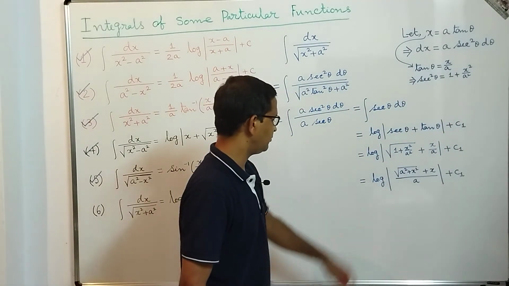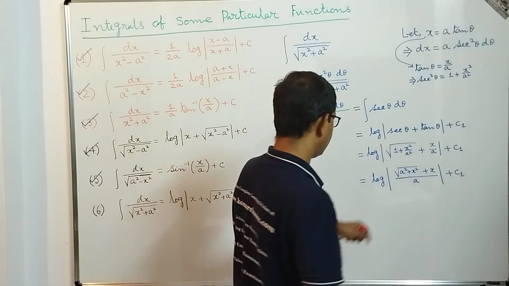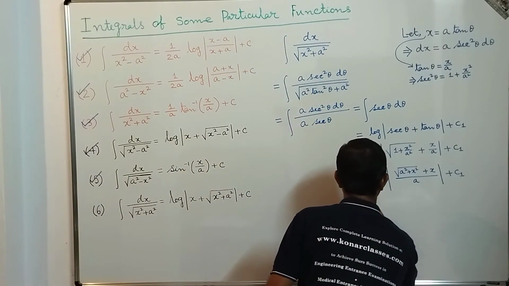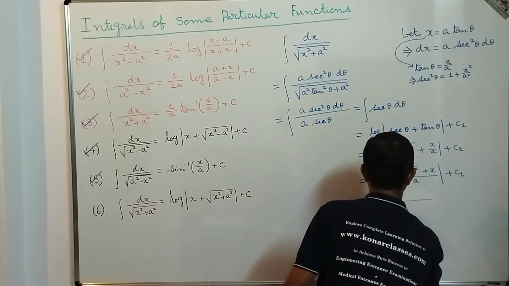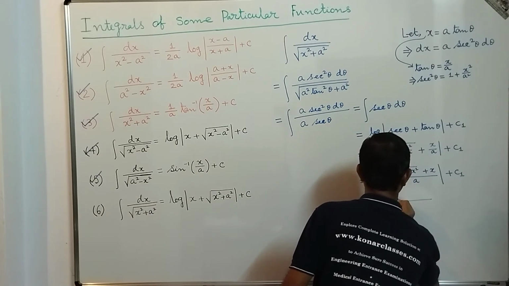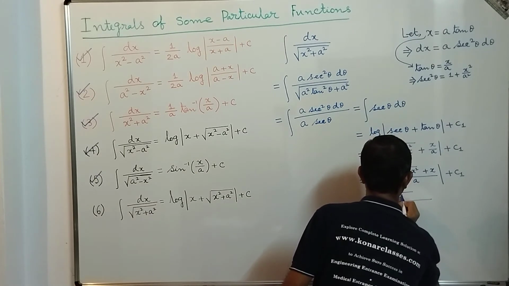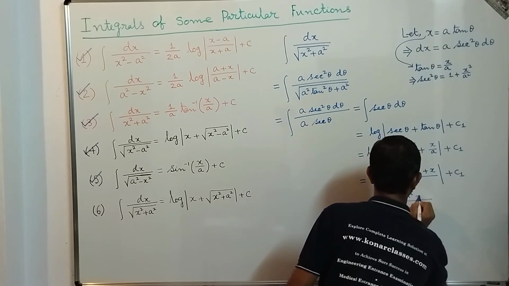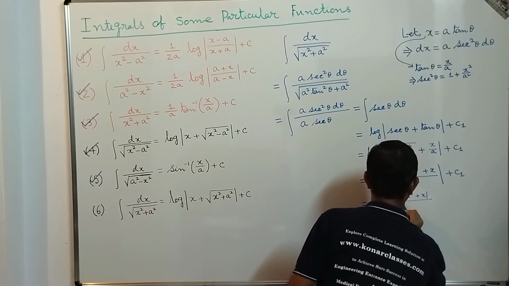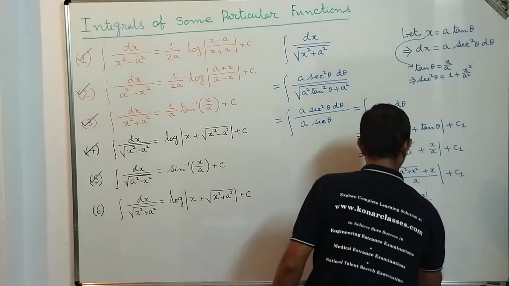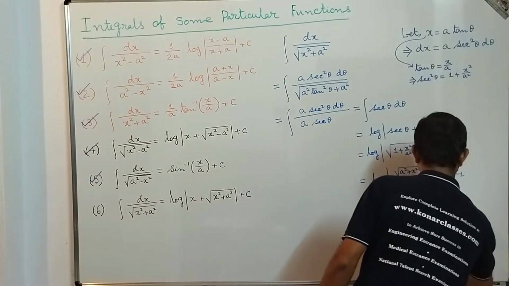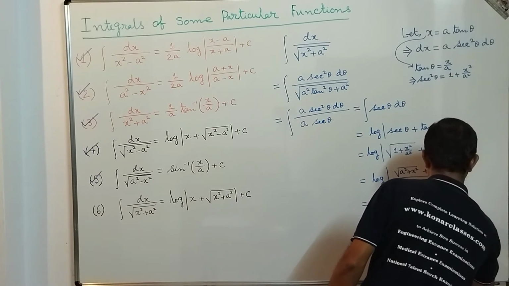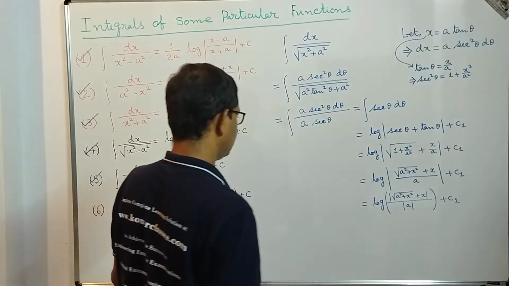Simple calculation. Then this is equal to log of mod of square root of a square plus x square plus x, divided by mod a, entire thing plus c1, correct?